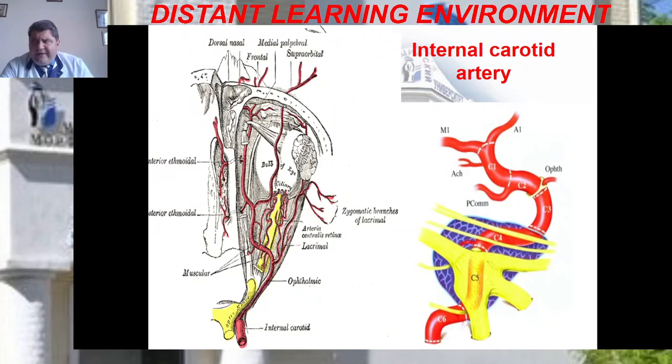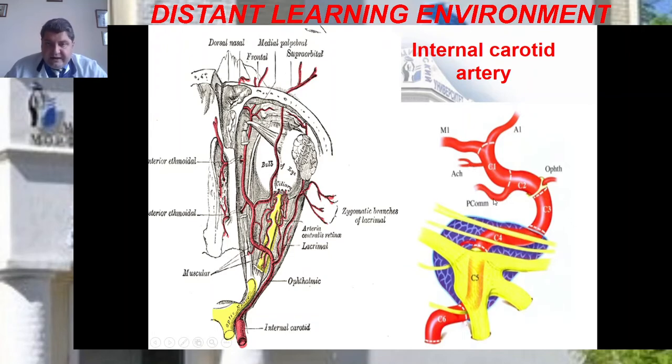I repeat that the choroid plexus in the ventricles of the brain produces the fluid, cerebrospinal fluid. It's very important. And this artery is the main one for producing this liquid in the brain.